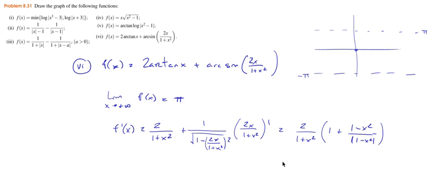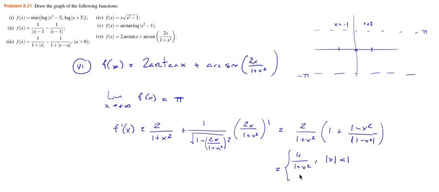Now, this depends on whether x is greater or smaller than 1 in absolute value. If the absolute value of x is smaller than 1, then the absolute value is 1 minus x squared, and this is 4 over 1 plus x squared. So there is going to be a change in the derivative at x equals 1 and at minus 1, of course.